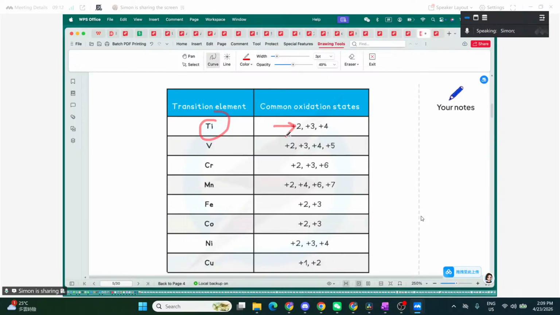And for nickel, we also have three types of oxidation state. And for this one, it's the iron.